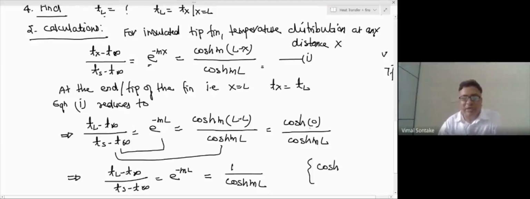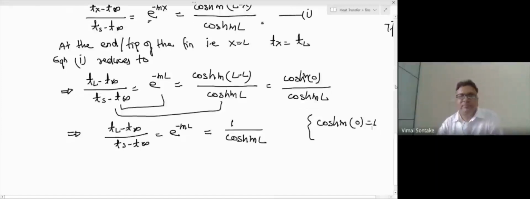Please make this practice of always mentioning cosh of mL, m is also there. Cosh of 0 is 1. Got it? Let's say this is equation number 2.